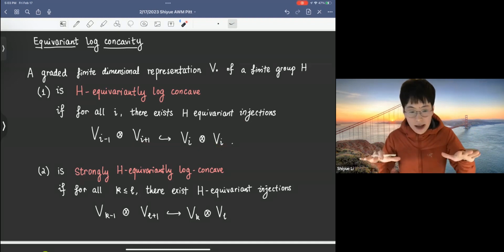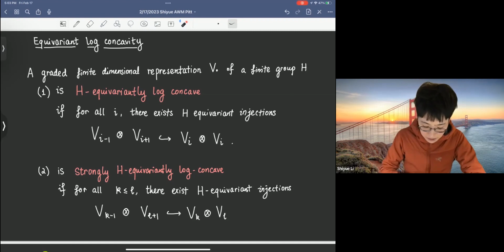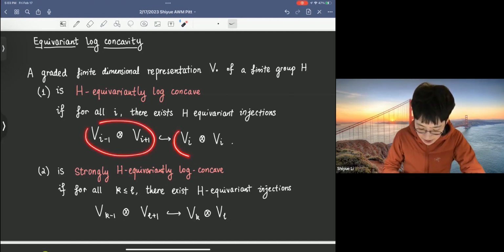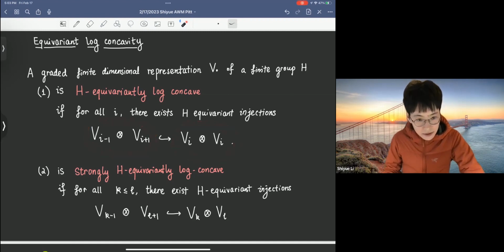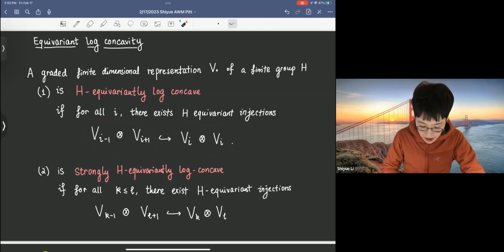So namely, I'm having a vector space version of the definition of log concavity. I want this to sit inside this other graded representation as an H sub-representation.